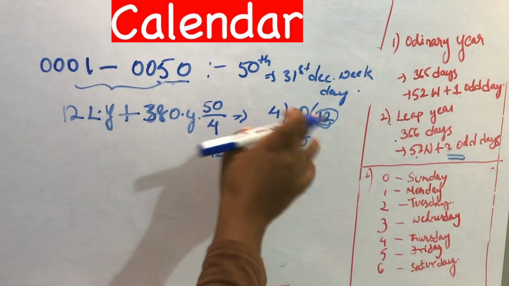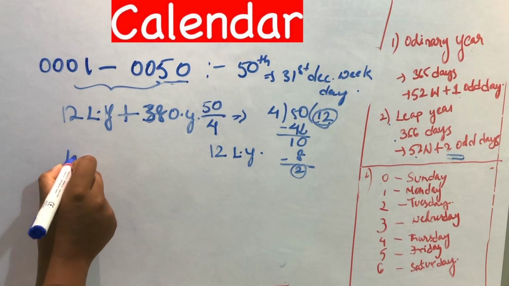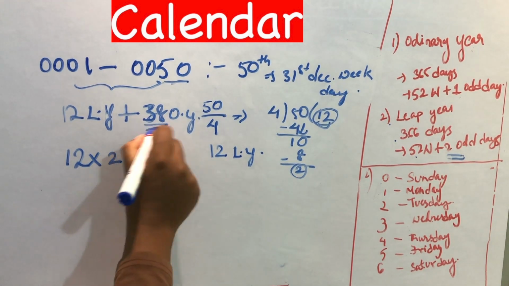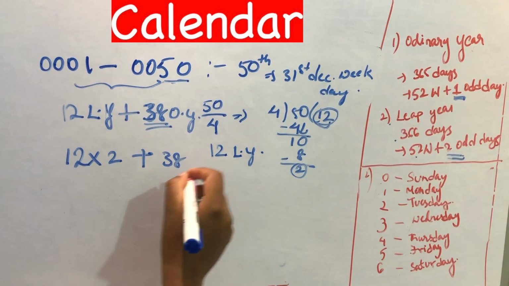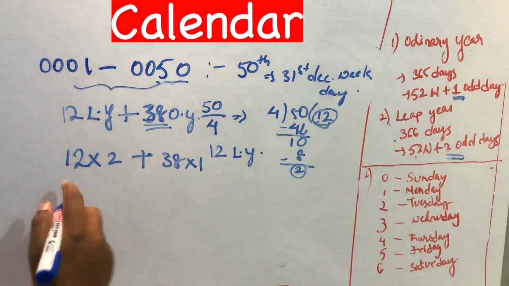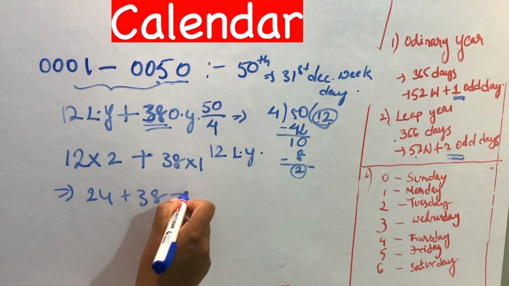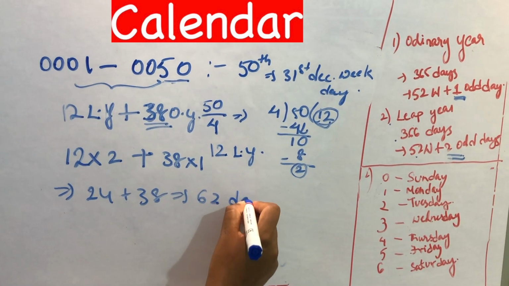So you have to multiply with this 2. Now your value is 12 into 2 plus, for each ordinary year your odd day is 1, so you multiply it with 1. Now its value is 24 plus 38, which equals 62. Now this is 62 days.